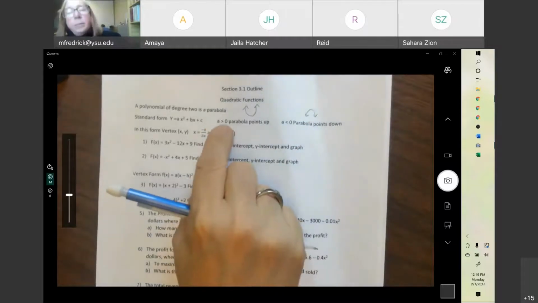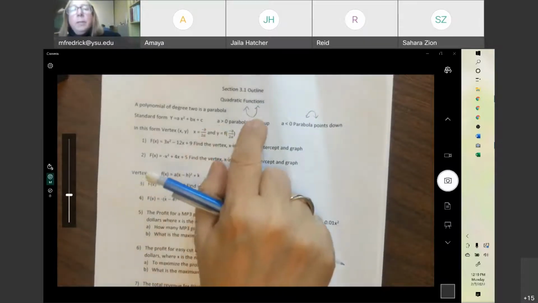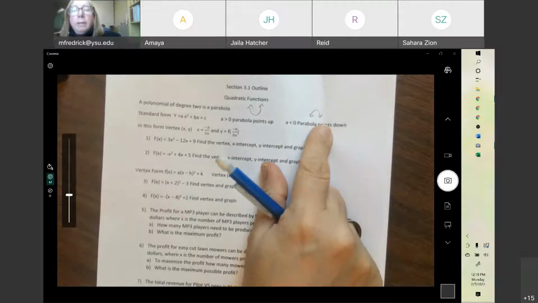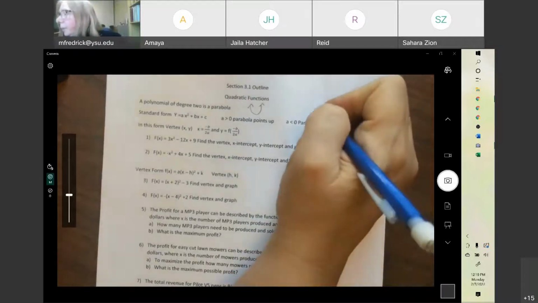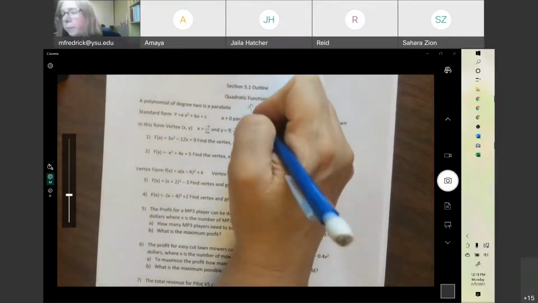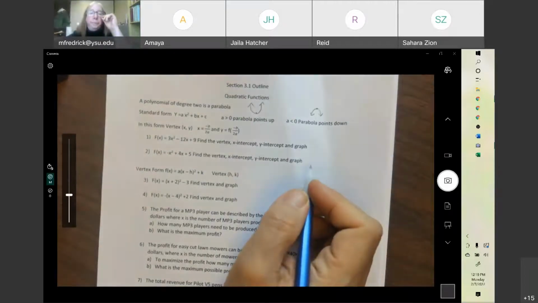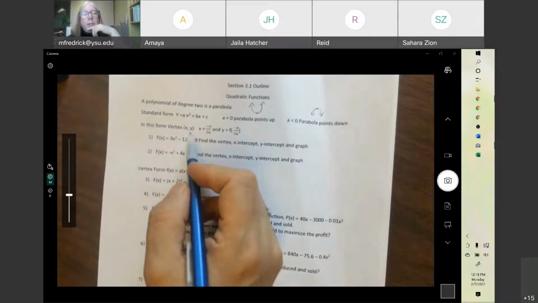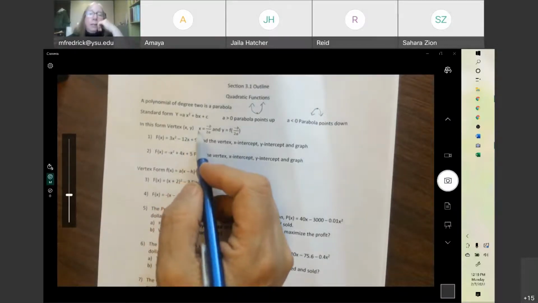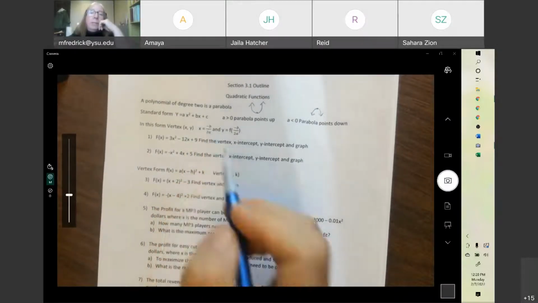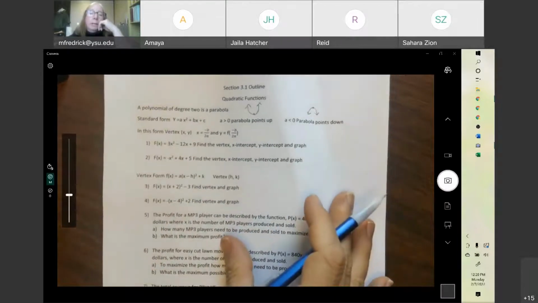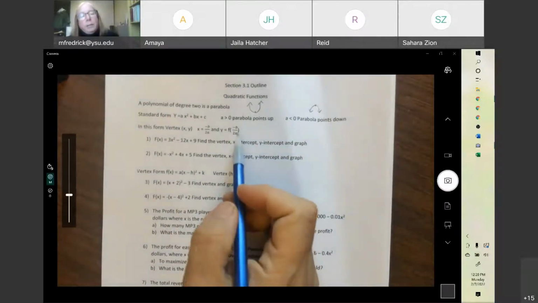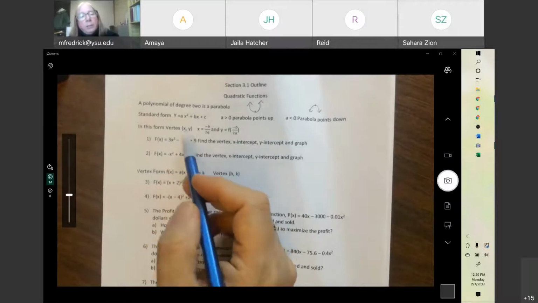This says if a is positive, it goes up. If a is negative, it goes down. And this point here is your vertex. To find the vertex, one way of finding it, x is negative b over 2a. And then to find y, you just plug that value back into the equation.